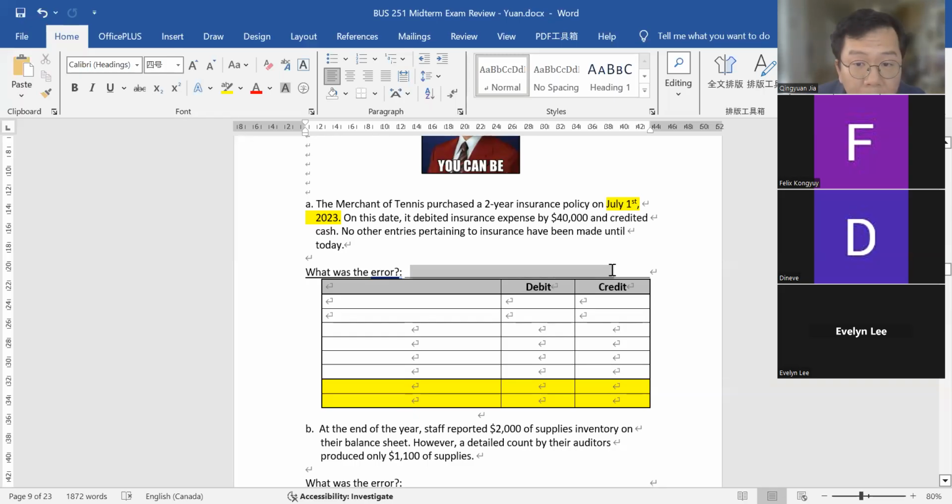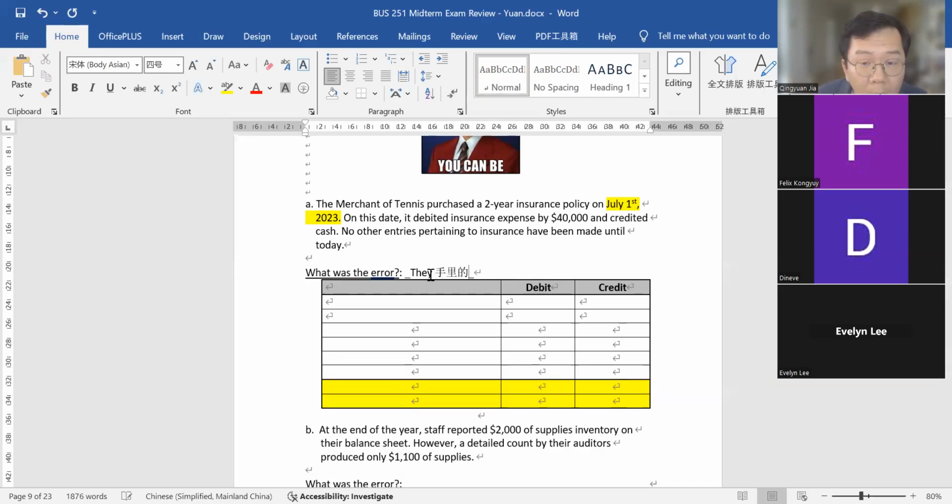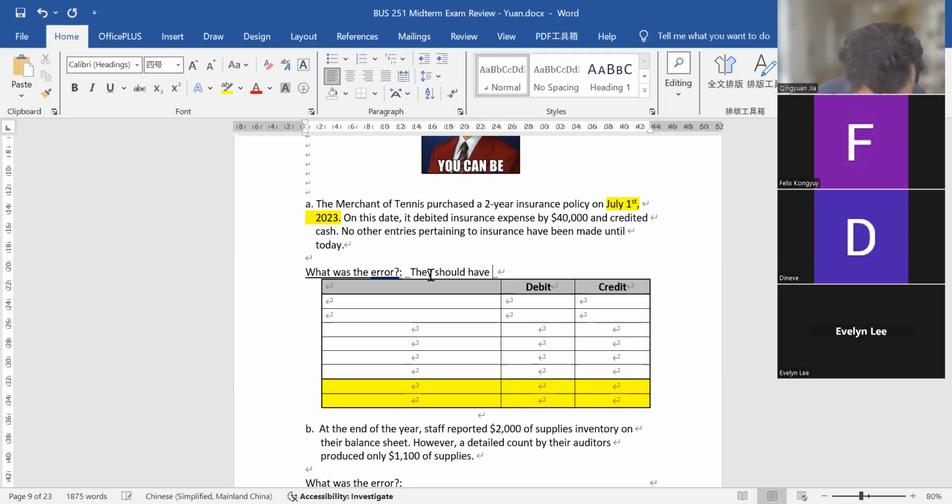They should have debited prepaid insurance and credited cash.